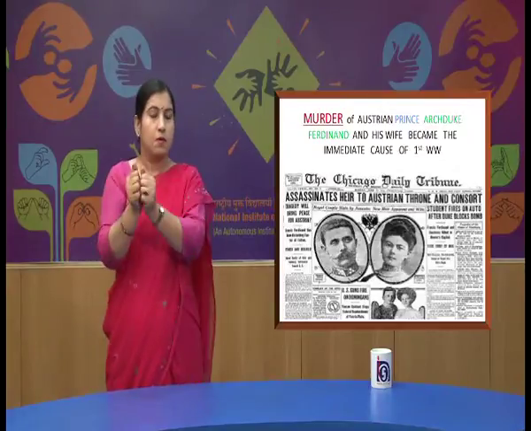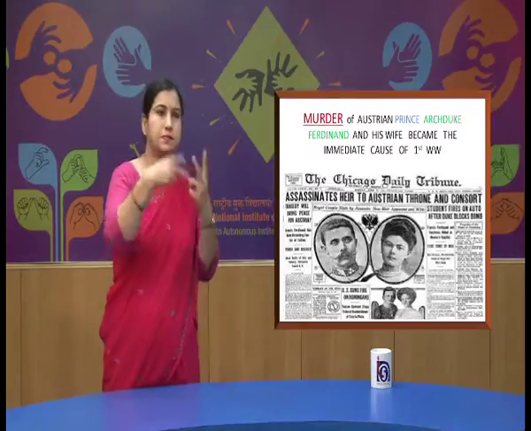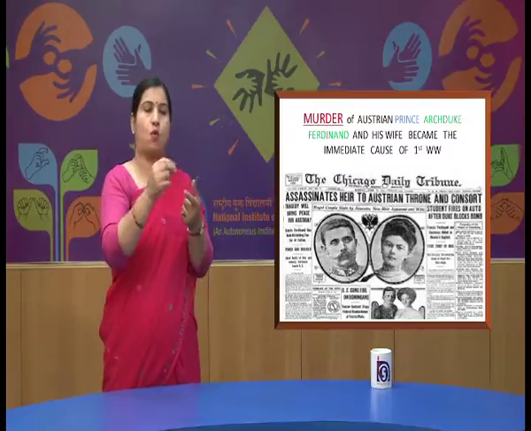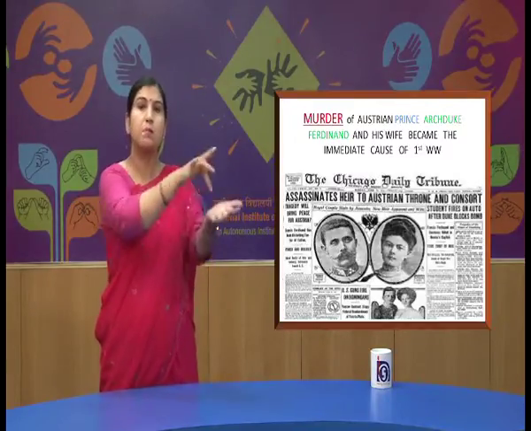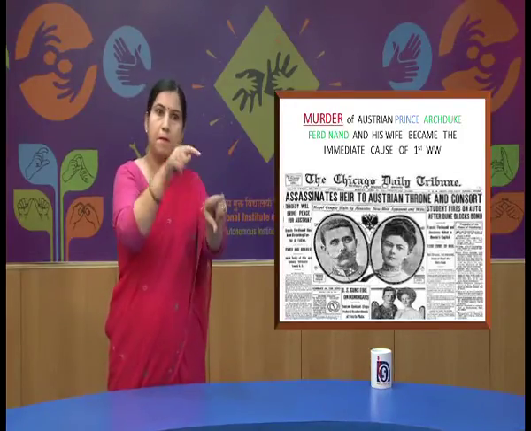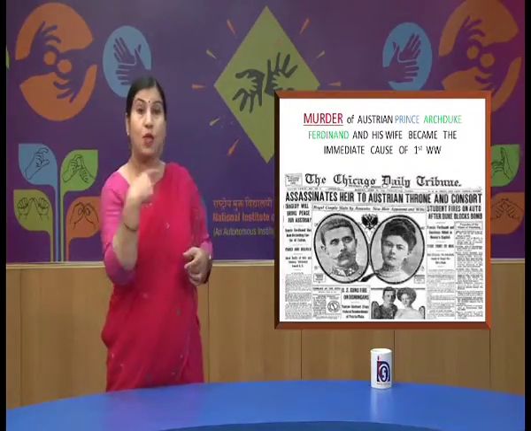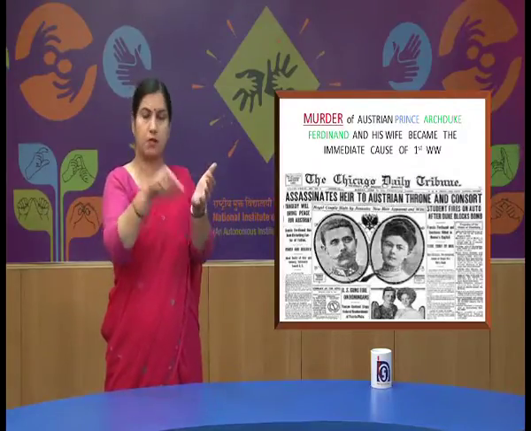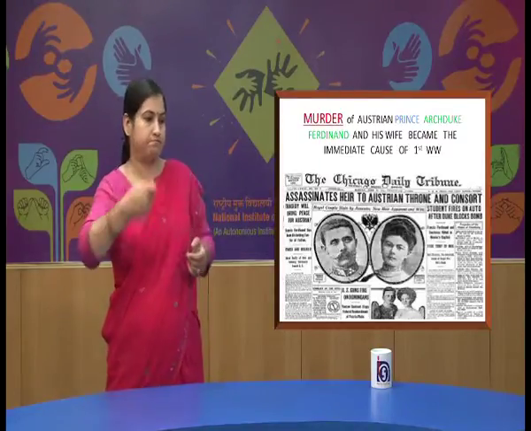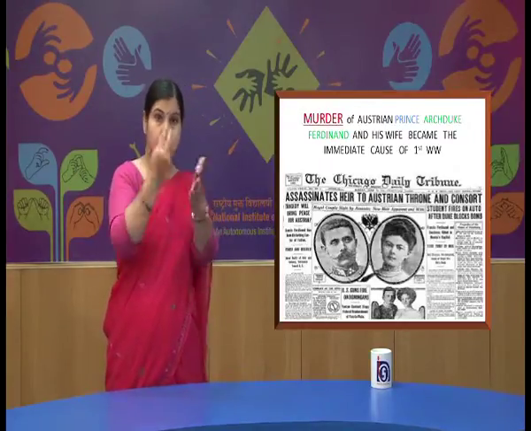He, along with his wife, had gone to Sarajevo, which was capital of Bosnia. At that place, he was killed by a Serbian person named Gavrilo Princip on 28th June in the year 1914.